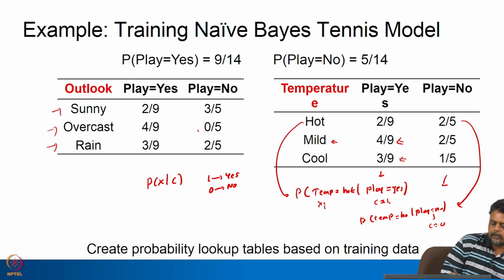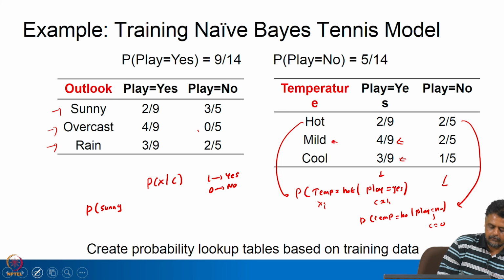So, in this case we are trying to calculate the probability of a feature x. Actually, let me rephrase that. We have to be really clear about how this works.